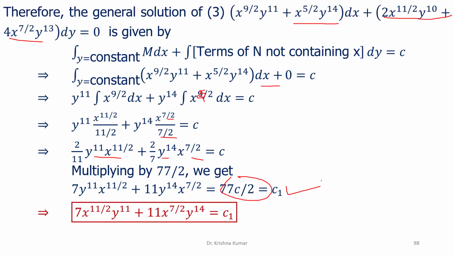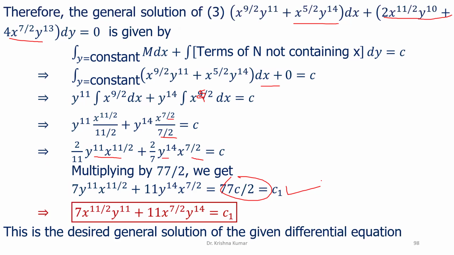So 7x to the power 11/2 y to the power 11 plus 11x to the power 7/2 y to the power 14 is equal to c1, where c1 is equal to 77c upon 2, is the desired general solution of the given differential equation.